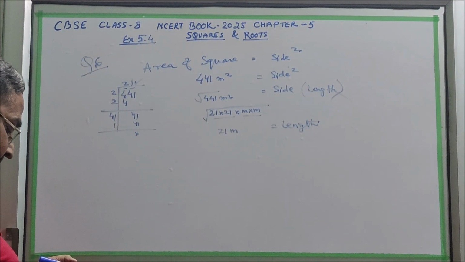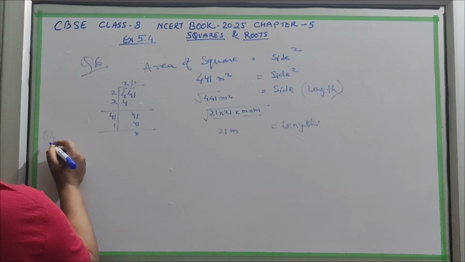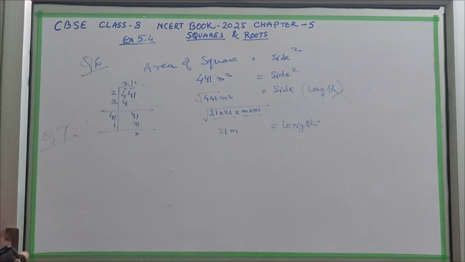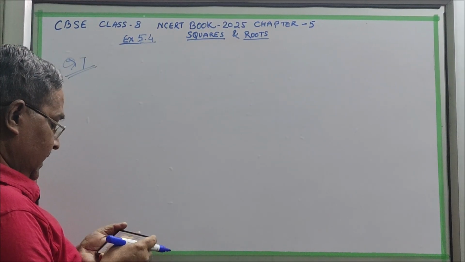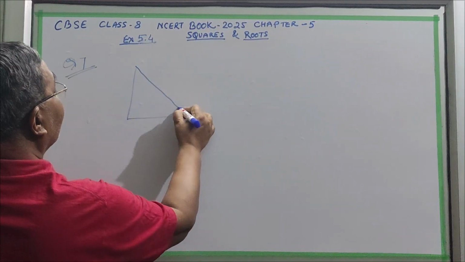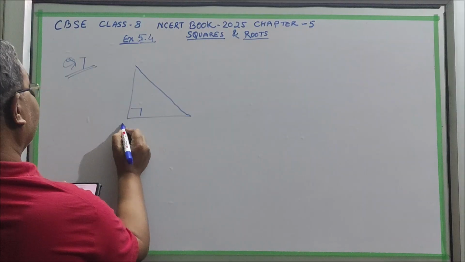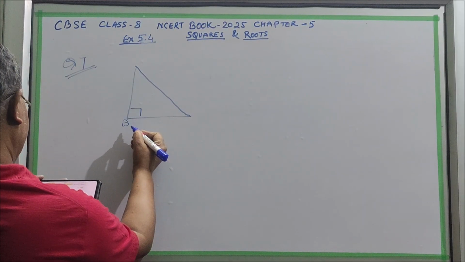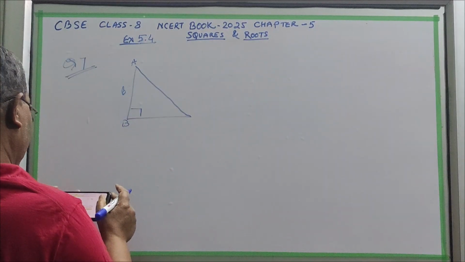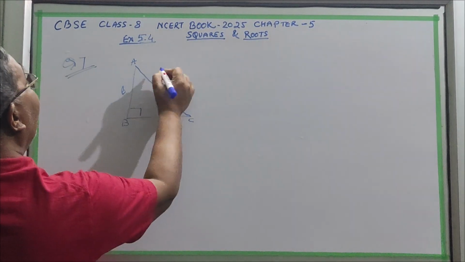Question number 7. In a right angle triangle it is given, and this is your right angle. The right angle is B. So AB is 6 centimeter, BC is 8 centimeter, and they want the hypotenuse.